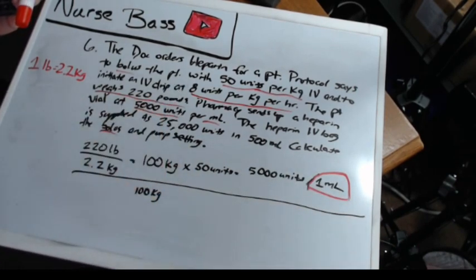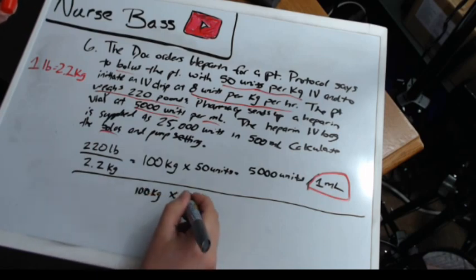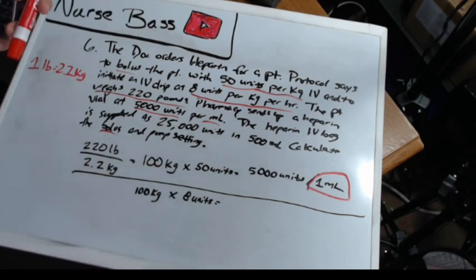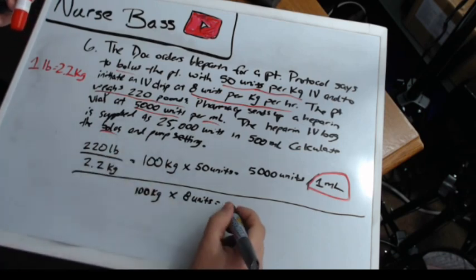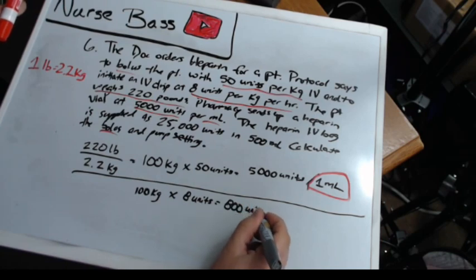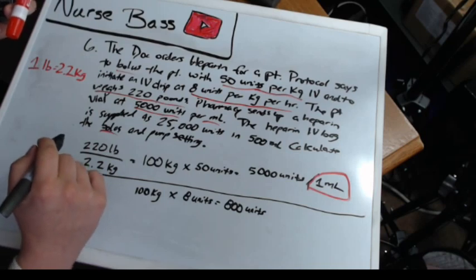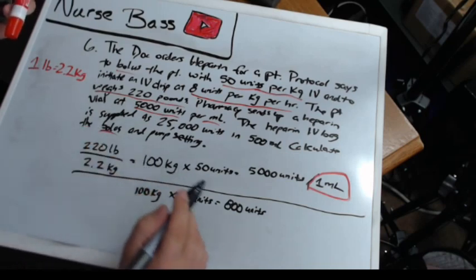And this IV drip is supposed to be at 8 units per kilogram. So we do the 8 units times 100 kilograms. Okay, hope you're with me. For a total of 800 units per hour.